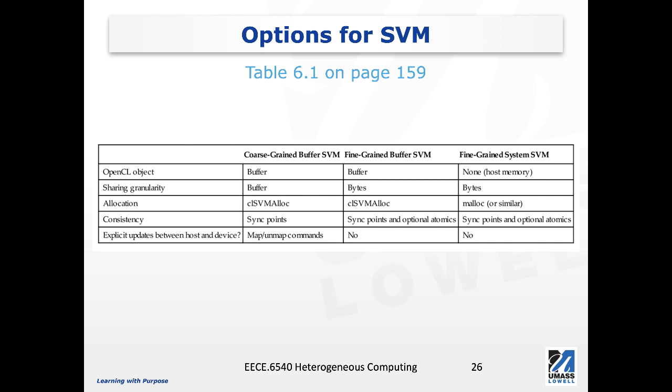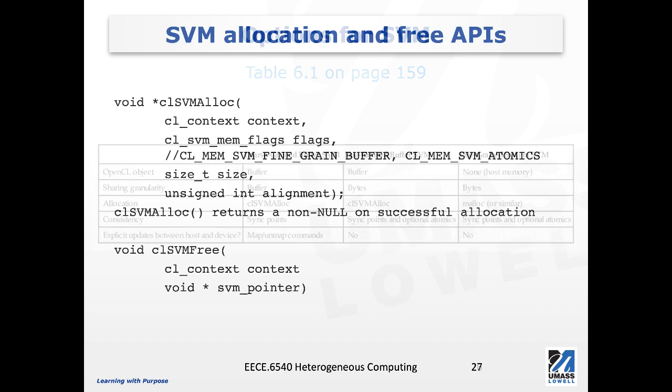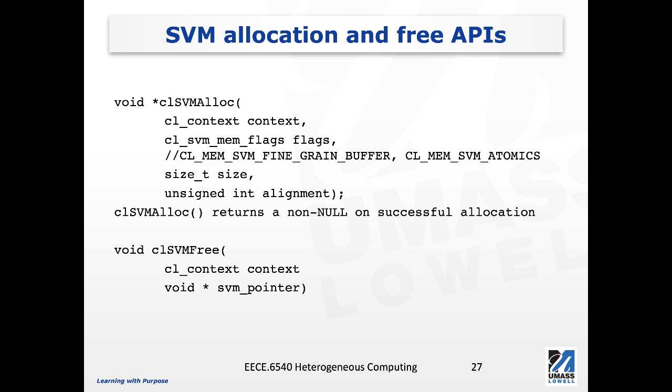There are some detailed options of shared virtual memory at different granularities, and their OpenCL objects are slightly different, and the allocation methods and consistency models are slightly different. If you're interested, you can refer to section 6.1 on page 159. This is an example of doing shared virtual memory allocation.